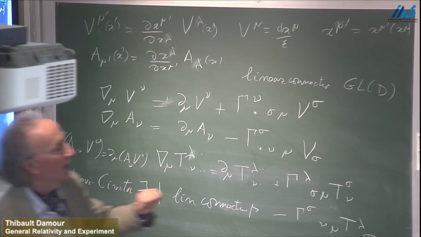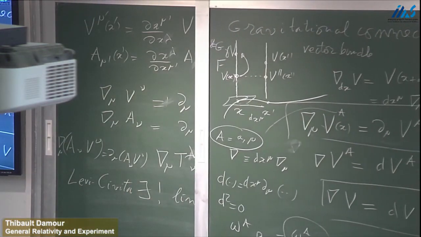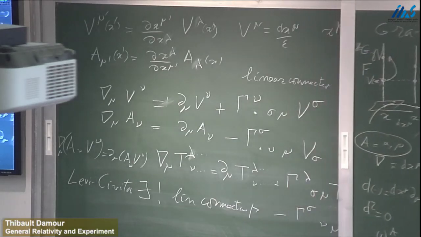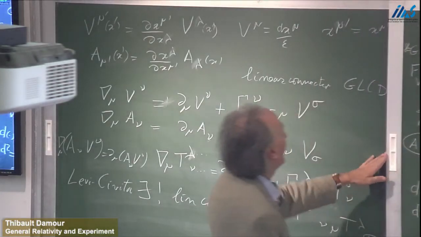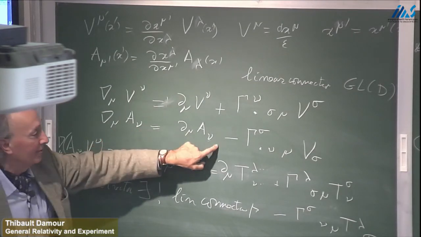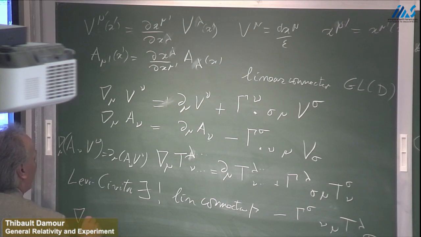What is the basic object that I have in a curved spacetime in the sense of Einstein? At each point of spacetime, I have a quadratic form G mu nu, a tensor G mu nu with two indices down. So it is an object that if I have a connection, I can differentiate by using this formula with two indices down, okay? So when I have g mu nu, I can define nabla lambda g mu nu.